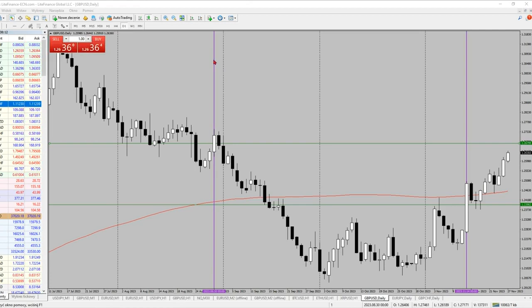And point number 1, let's remove this line. So clearly we are moving to the downside, all right? Clearly moving to the downside.